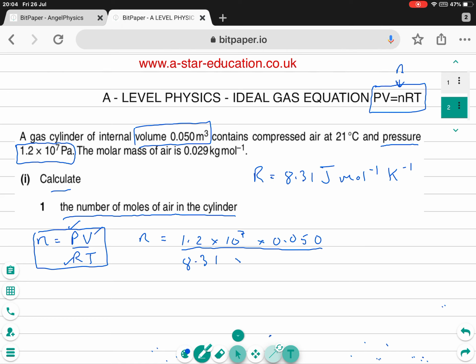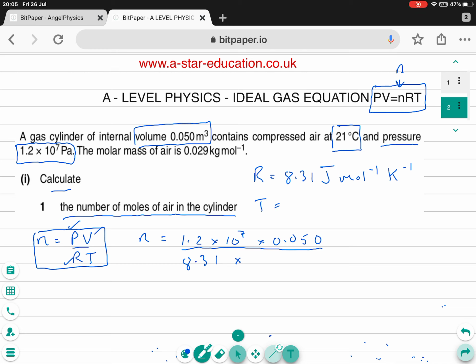8.31. The only other thing that we need to include now is the temperature. If we look at the question, it says the temperature is 21 degrees C. Now we have to be very careful. This temperature is given in degrees C, but whenever we use the ideal gas equation, we have to change degrees C into Kelvin. The way we do that is we add 273.